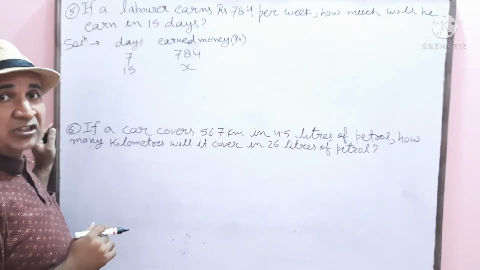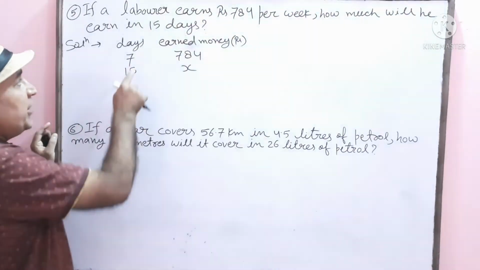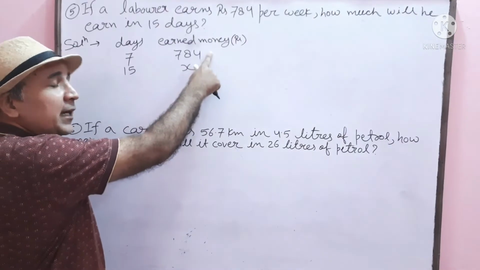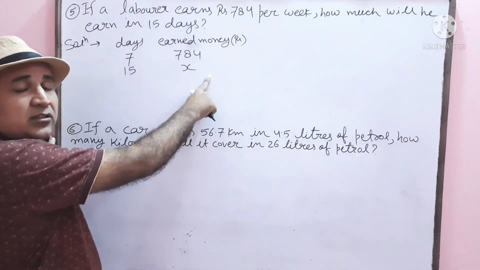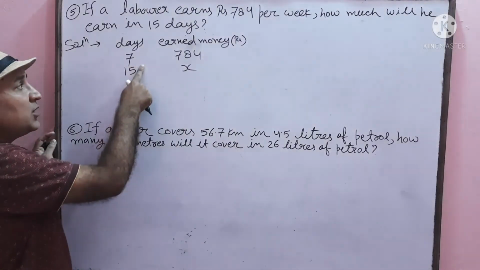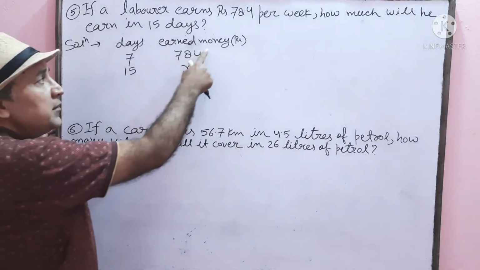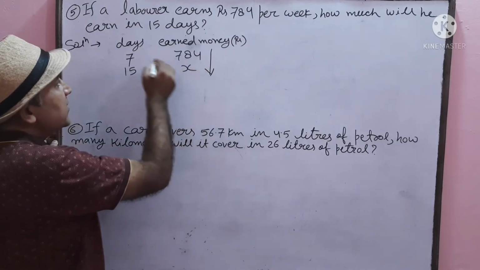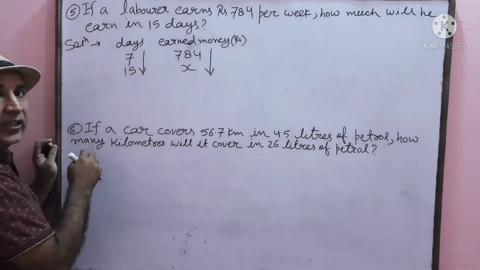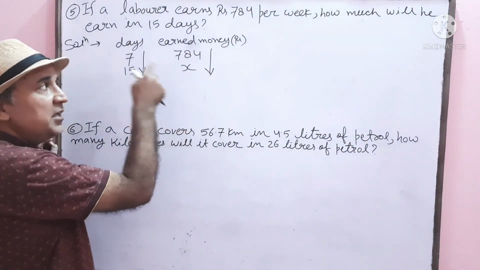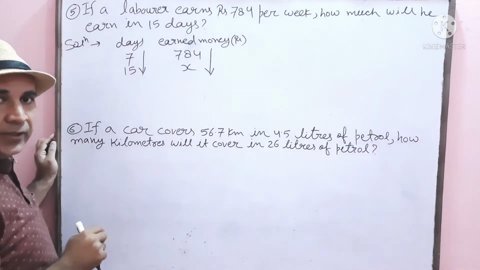Now check which relation is there. If the number of days is increasing, then income will also increase. The earned money will also increase. That means if one quantity is increasing, then the other quantity is also increasing. That means there is direct variation. The direction of these arrows shows that there is direct variation.